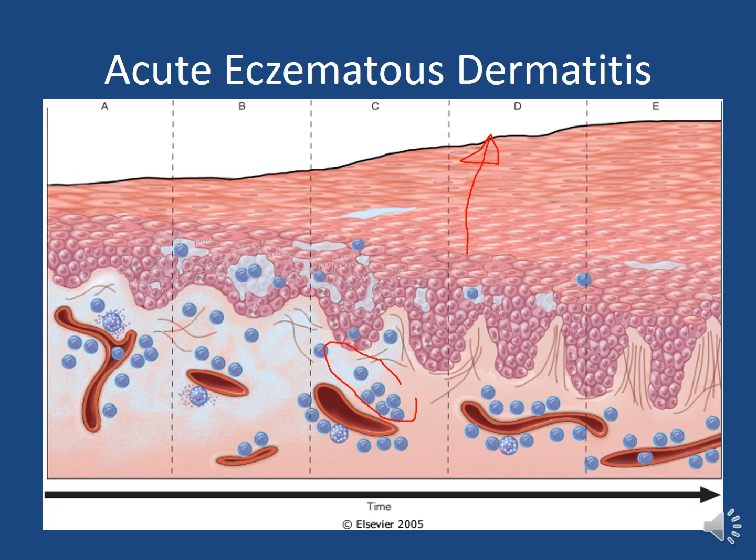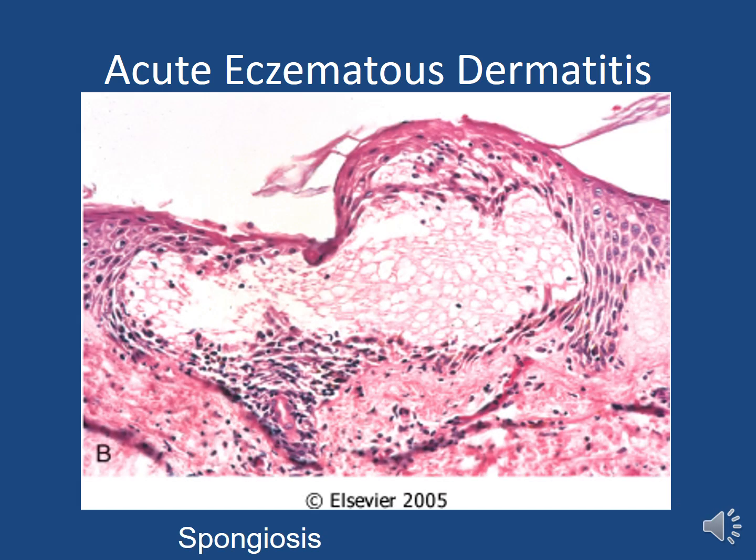So with time also, the cells in the epidermis will become detached from each other so that edema will form within the epidermis. Clinically, this condition will present now with blisters, which is microscopically termed spongiosis.